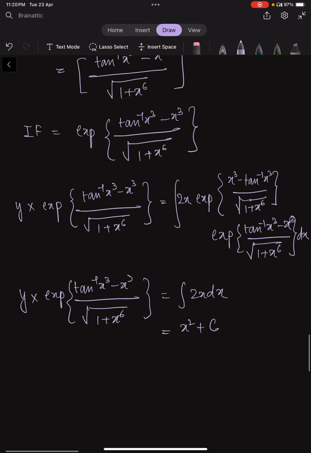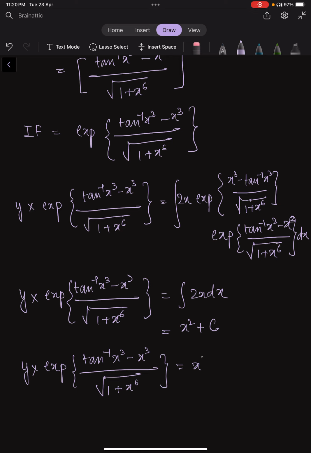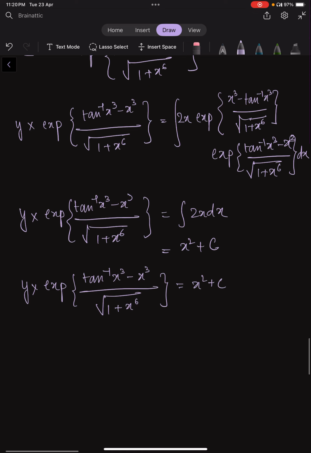Okay, now we know that this equation, y into exponential of tan inverse x cube minus x cube by root under 1 plus x power 6, is equal to x square plus c. This passes through the origin.